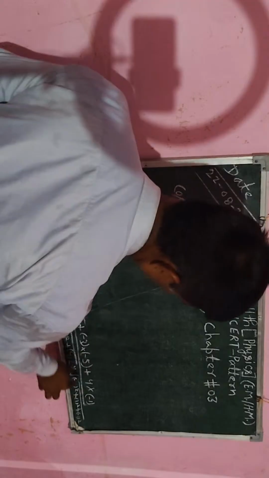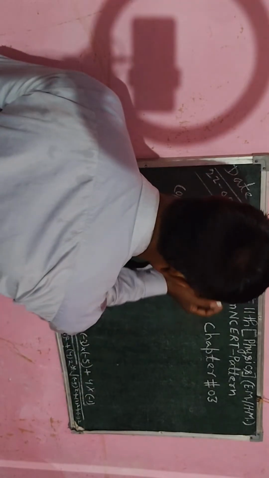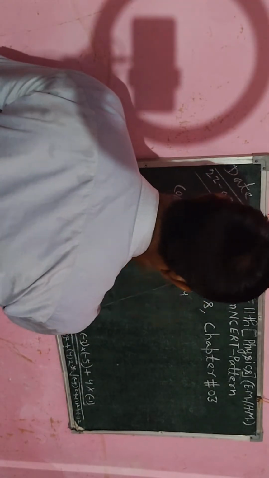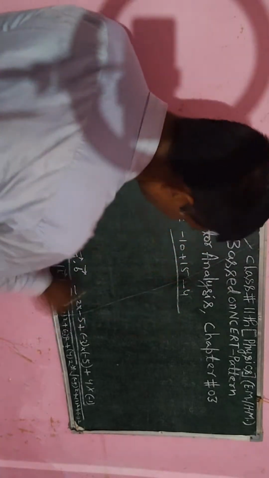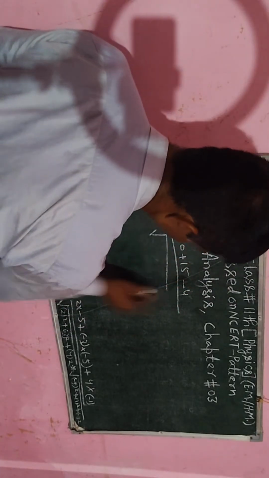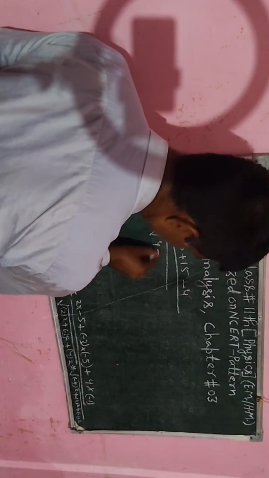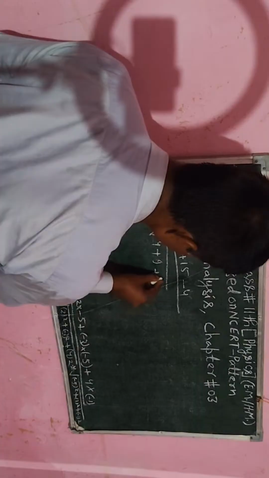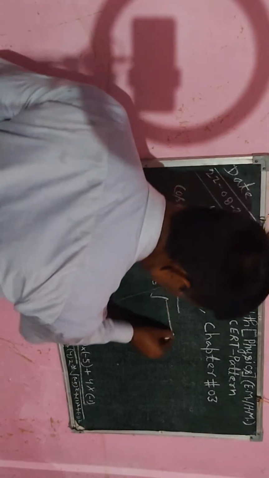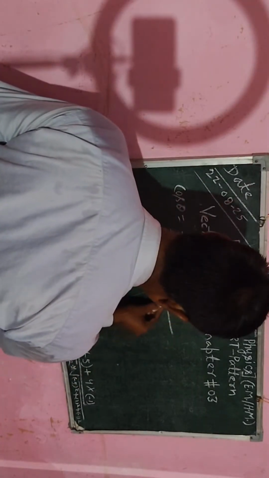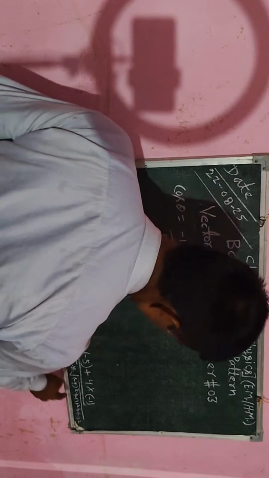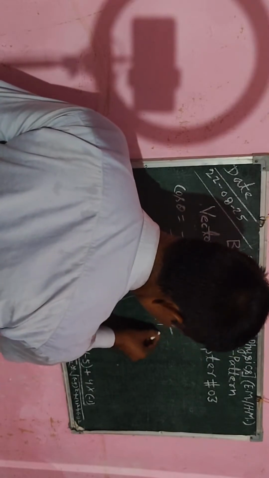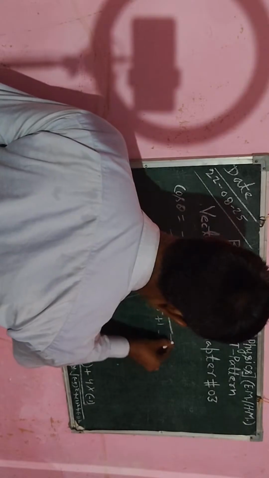Okay, I will write here 4 into minus 1, that will be minus 4, divided by 2 squared is 4, plus 3 squared is 9, plus 4 squared is 16. In the other bracket, 5 squared is 25, 1 squared is 1, minus 1 squared is 1, that is also 1.